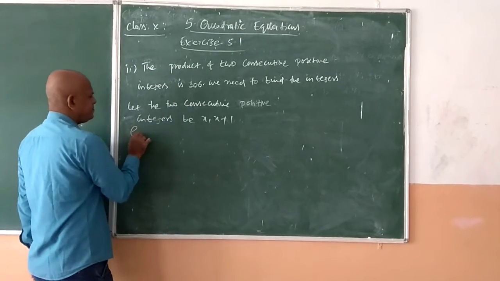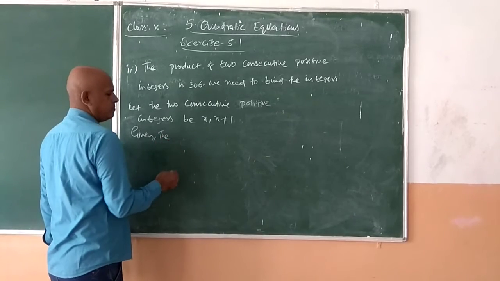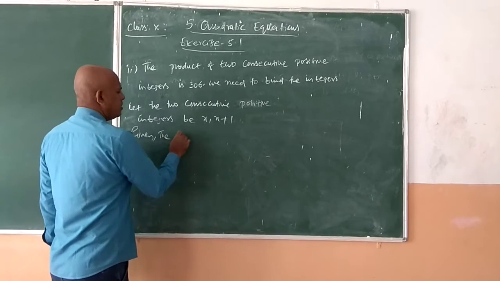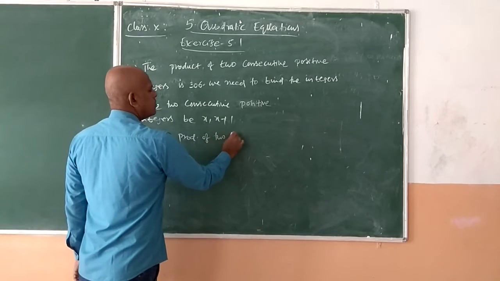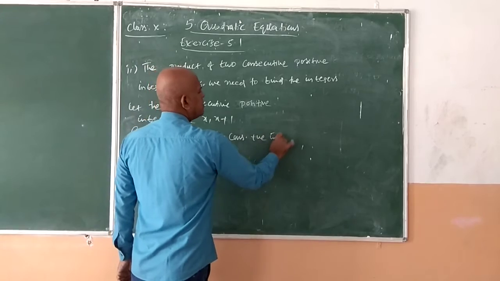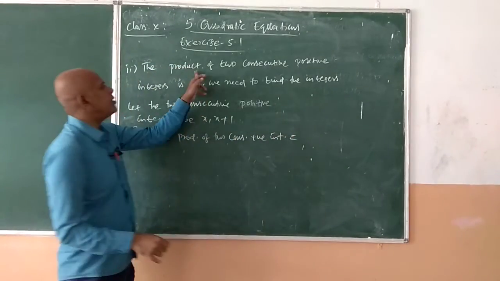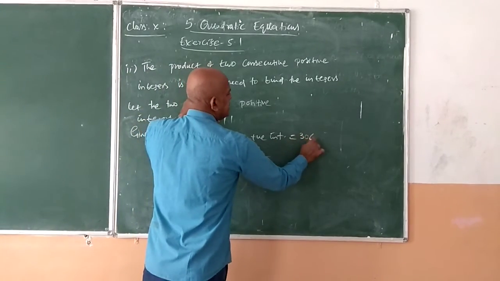So given the product of two consecutive positive integers, what have they given here? The product of two consecutive positive integers is equal to 306.